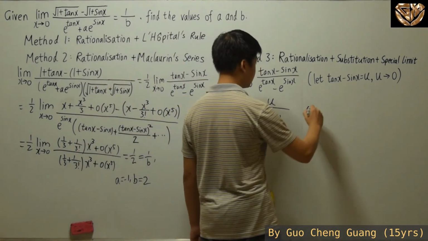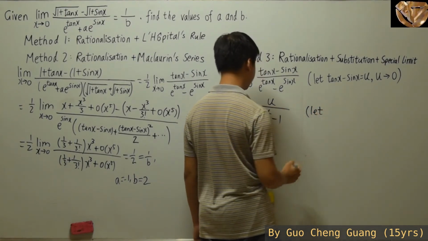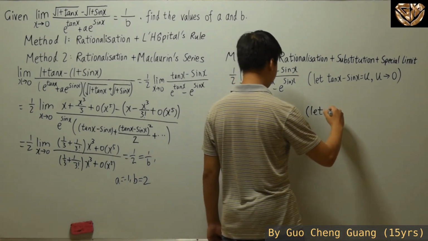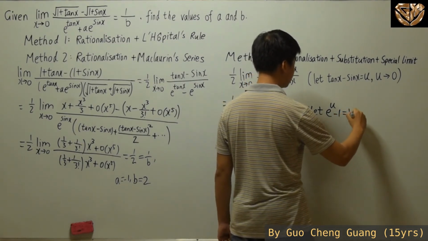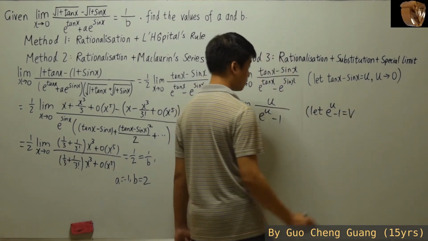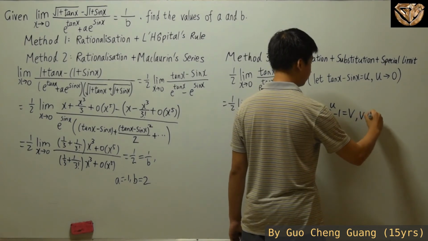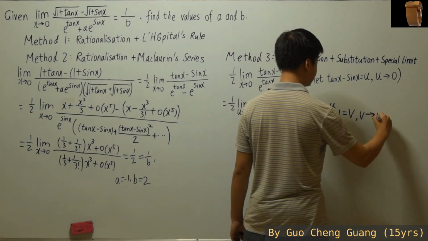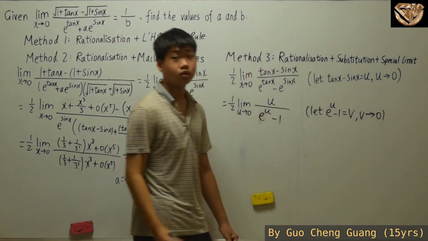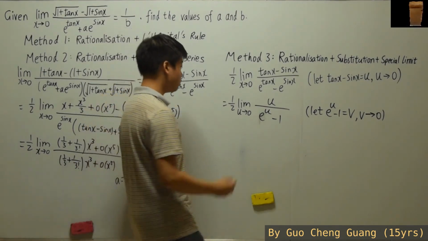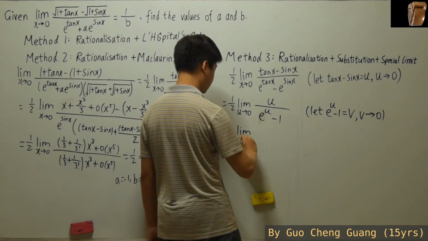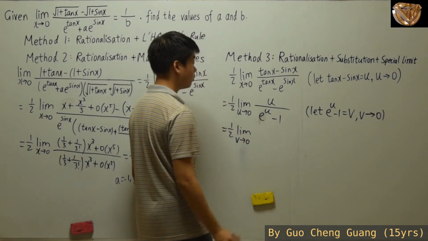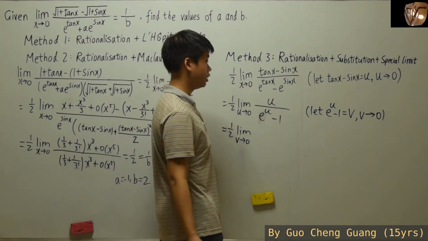So next part, we're going to have to let, once again, what are we going to let this time? This will be e to the power of u minus 1 be equal to v. So now v will approach 0 also. So half, limit v approaches 0. U, how is u going to change?